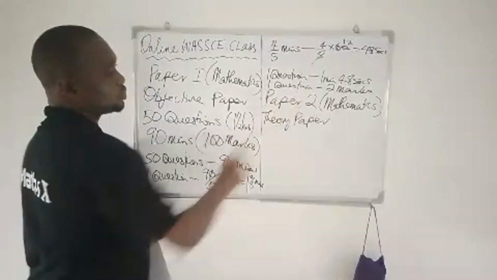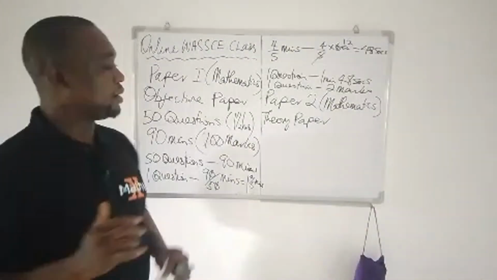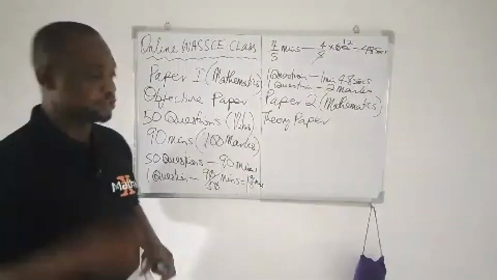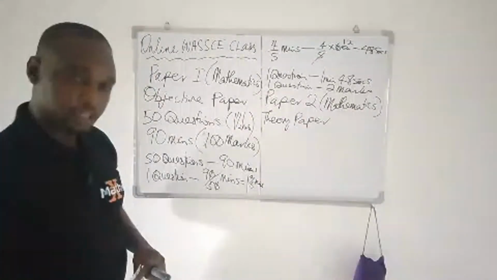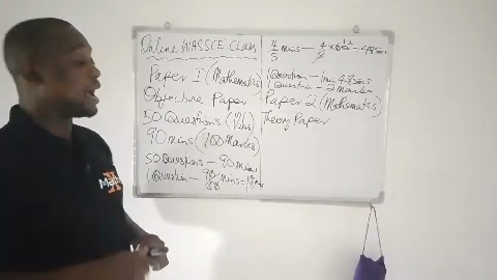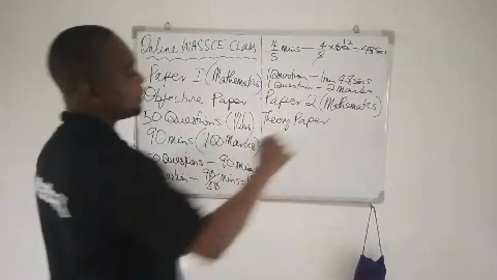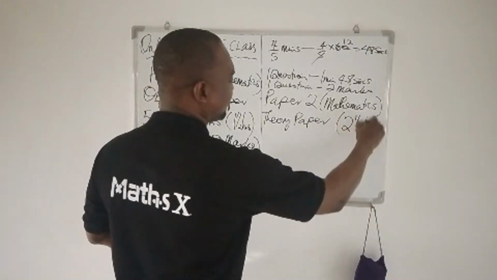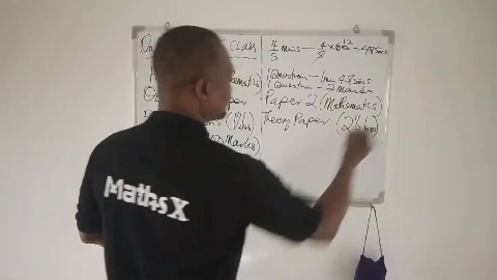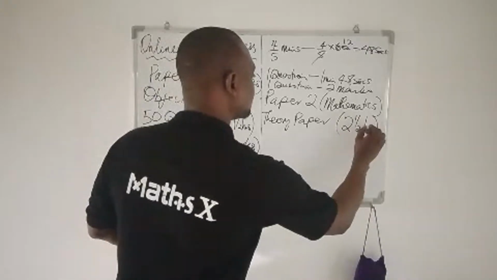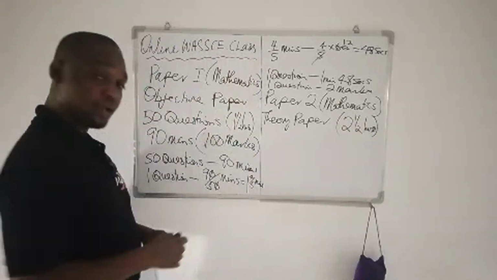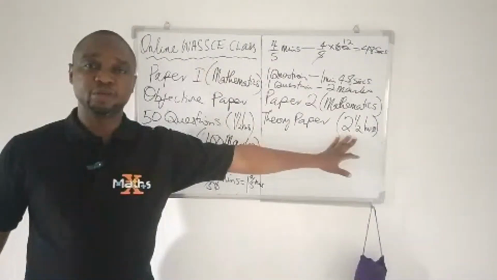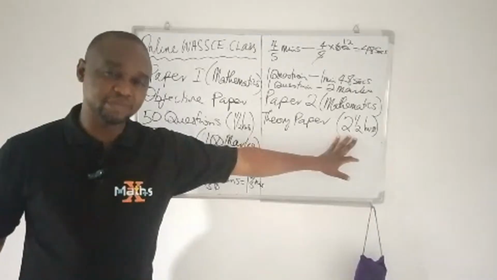Now, the paper two is the theory paper. In the theory paper, it has two sections, section 1 and 2. But before I go in there, the theory paper has an allotted time of 2.5 hours. 2.5 hours translates to 150 minutes.